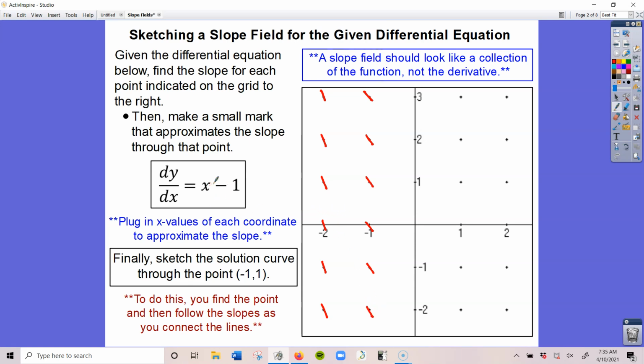If I plug in 0, I get 0 minus 1, which is -1. So my slope would have to be -1. Again, not as steep as this one here, which was -2. So it would be something more like this. If I plug in 1, which is this vertical line, 1 minus 1 is 0, and a slope of 0 is a horizontal line.